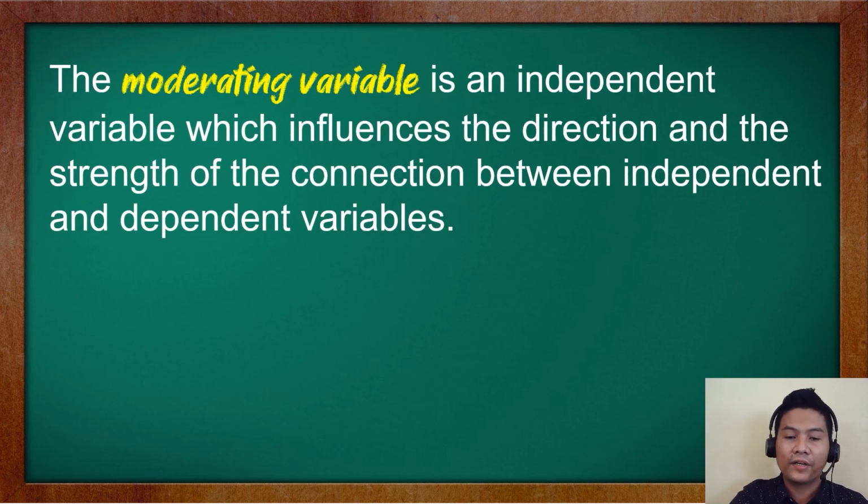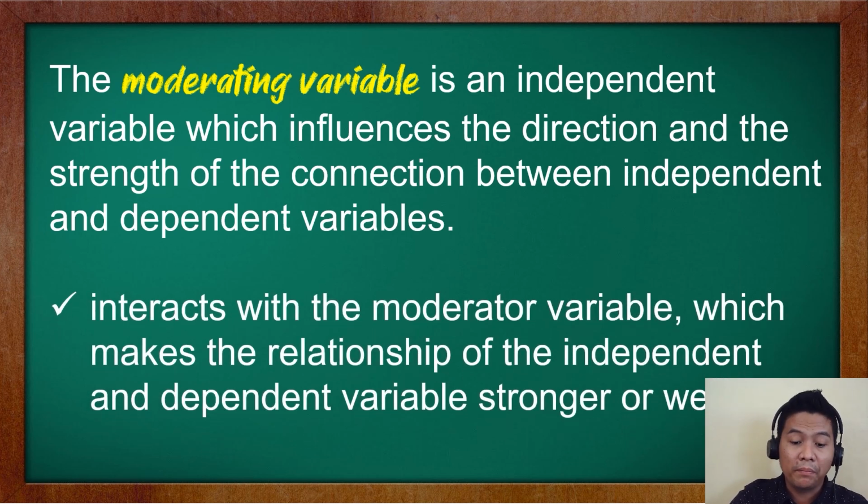The moderating variable is an independent variable which influences the direction and strength of the connection between independent and dependent variables. The independent variable interacts with the moderator variable, which makes the relationship of the independent and dependent variable stronger or weaker.